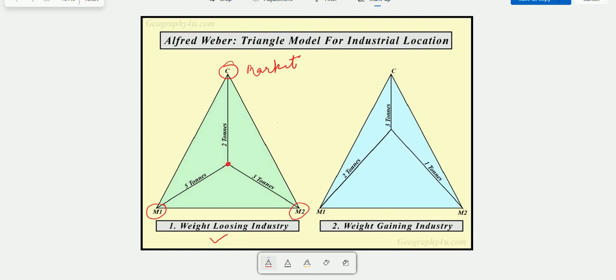So in case of the weight-losing industry, the factory tends to be pulled towards the sources of the raw material here. See here in this case, this is the location of the industry.